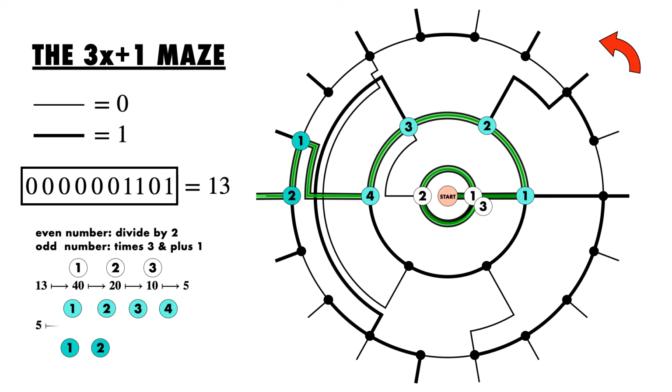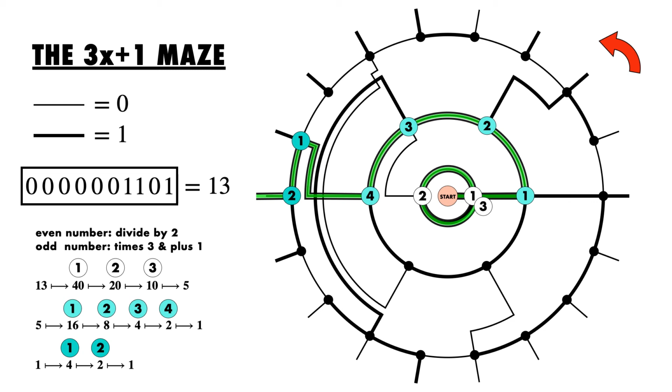Then 5 times 3 plus 1 is 16, brings us to 8, 4, 2 before reaching the odd number 1. Exactly 4 even numbers, the number of nodes in the second circle. And 1 reaches itself after reaching 4 and 2 first, 2 even numbers, exactly the number of nodes in the third circle. So here we see it works again.